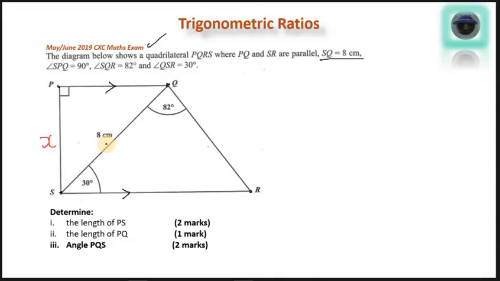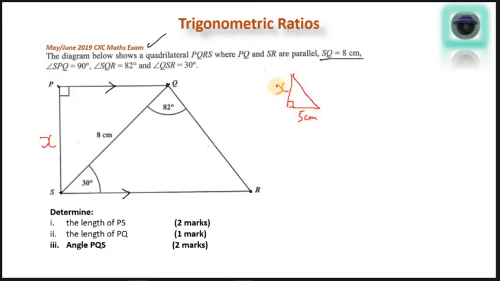How would we go about finding the length of PS? Well, when I say Pythagoras theorem here, for any right angle triangle, let me just sketch a right angle triangle here, if we're given one side, let's assume that we're given this side, which is, let's say, 5 centimeters.